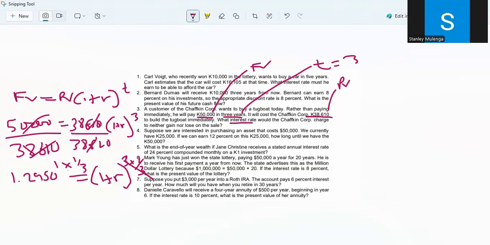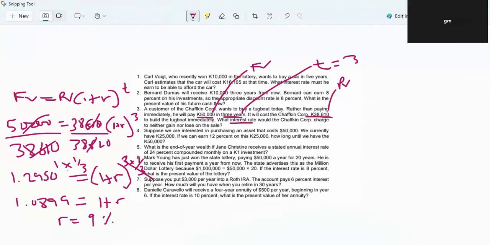What do we get when we power this on our calculators? 1.0899. So when the 1 goes this side to subtract, it will be 8.99, meaning our r is approximately 9%. Are we together?